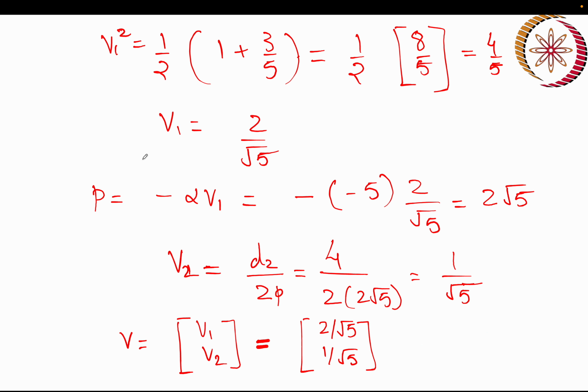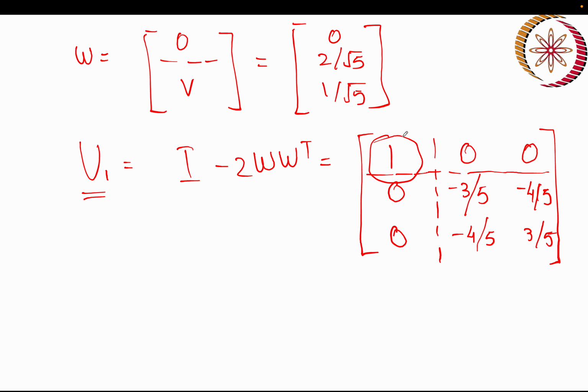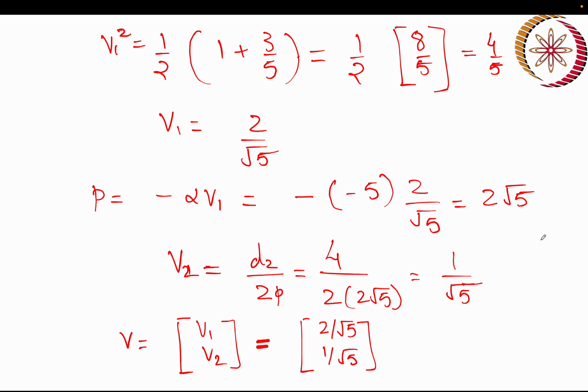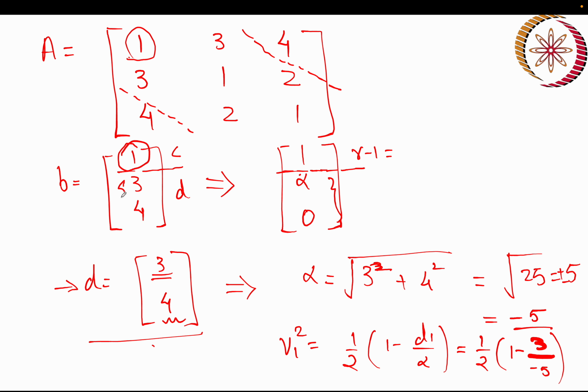So if we don't want to change, we use this identity matrix, but it happened that it was 1 by 1, so it is just showing 1 here. And then this part was actually I minus 2v v transpose, this block, and that will modify this lower part of b, which is 3 4.